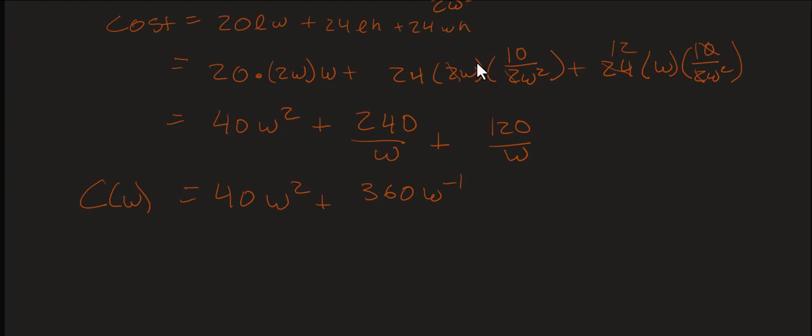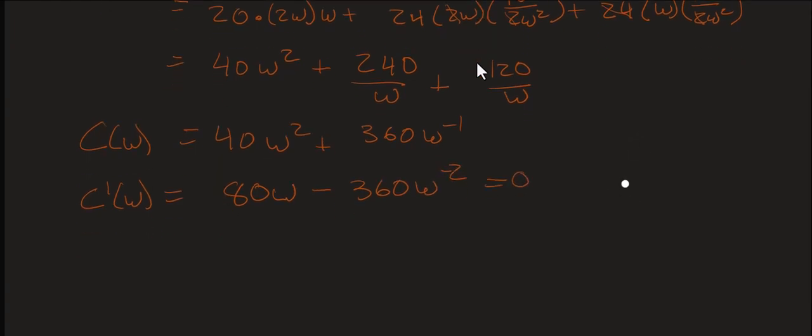So now I have a cost function all in terms of one variable, so I take the derivative. The derivative will be 80W minus 360W to the negative 2, and I set that equal to 0.